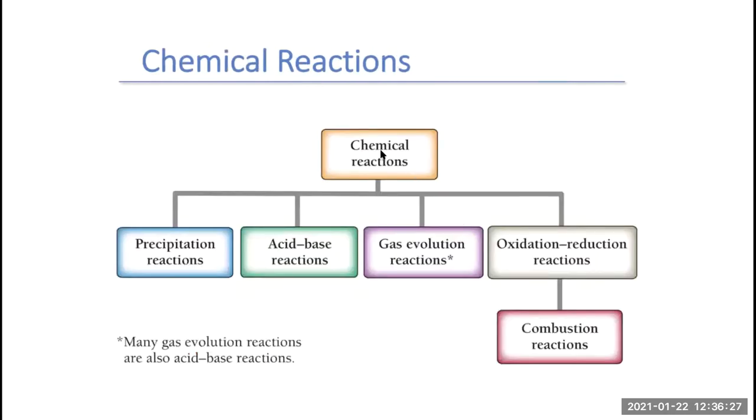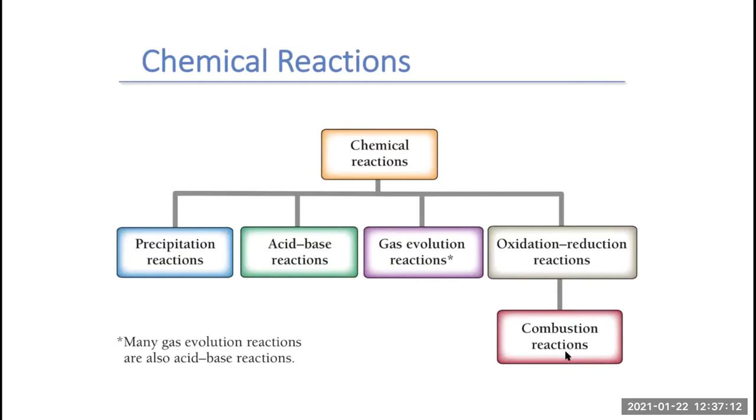And then looking at a summary of our reactions, we have precipitation that we looked at, acid-base reactions, gas reactions, oxidation reduction, and combustion. Now you guys should be able to look at a reaction and determine what type of reaction it is, whether it's a combination, a decomposition, a single displacement, a double displacement, a combustion, whether it's an acid base or precipitation.